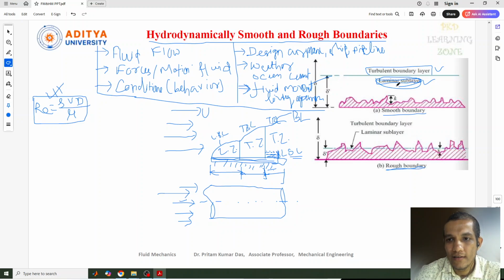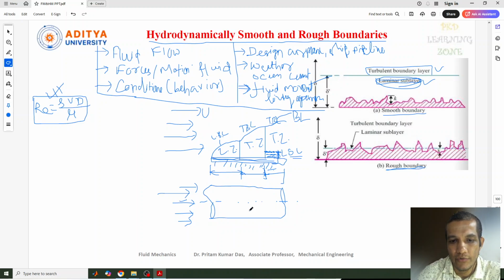Now, why this laminar sublayer is generated and how it is created, we'll discuss in depth in the boundary layer theory. For now, just try to understand this condition. When the fluid flows over the surface, we know there is a viscous effect at the surface level.